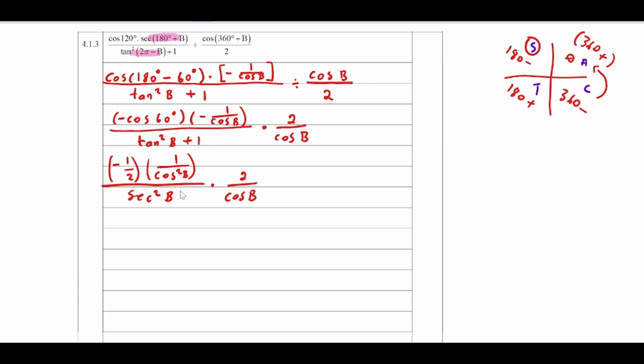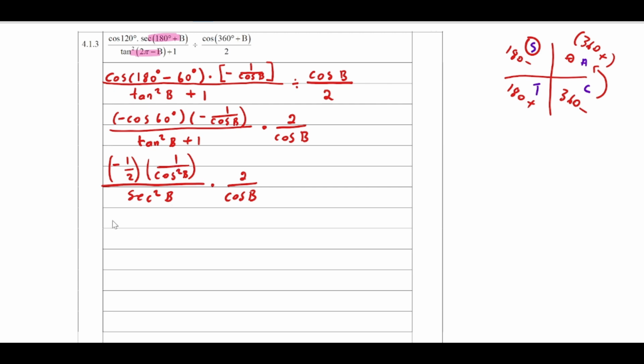Now let's simplify. Remember that 1 over tangent, it is sec. Do you remember that? Okay. 1 over cos, it is sec. So if you remember that, in this case it simply means that, let me just rewrite it.